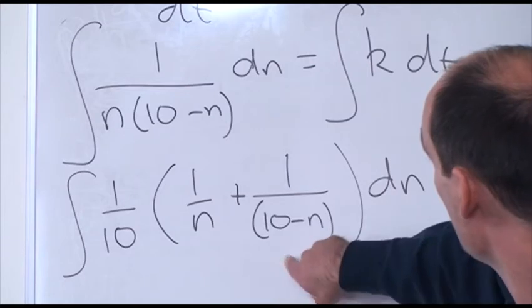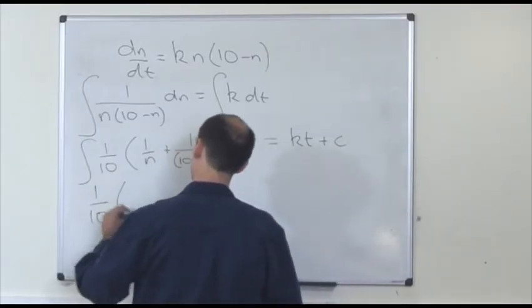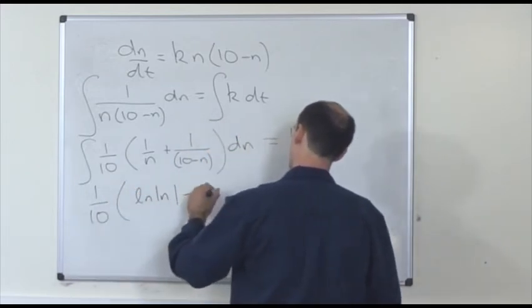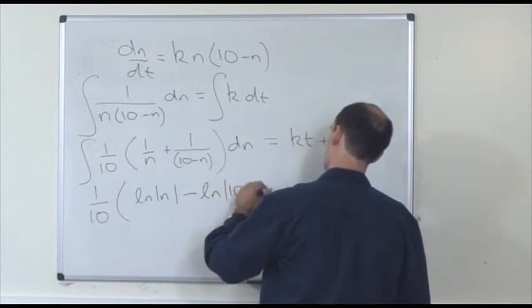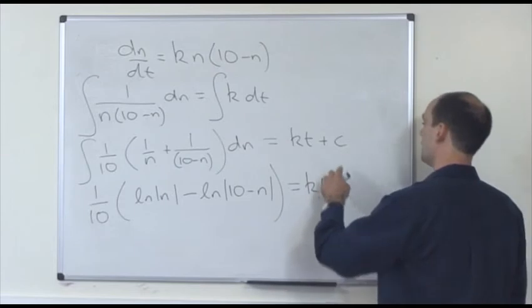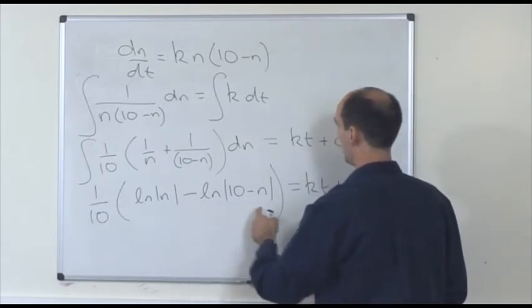And so finally we do this integral here on the left, and we would end up with a 10th of the logarithm of n minus the logarithm of 10 minus n is equal to kt plus, well look, here we've again got a situation where we've got logarithms floating around.